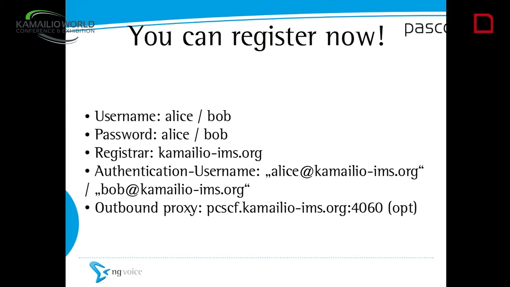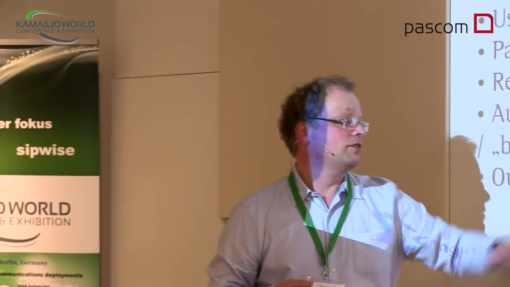All we have to take care of is that we have to use an authentication username, but that's pretty much it. If the client properly supports NAPTR. If it doesn't support NAPTR records, then we have to define an outbound proxy, but that's purely optional.